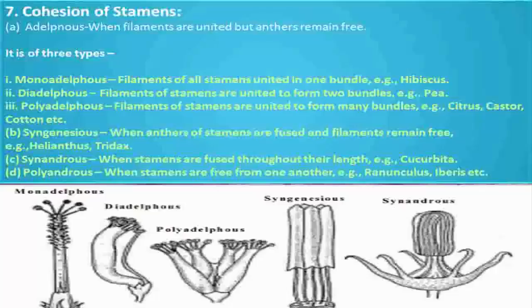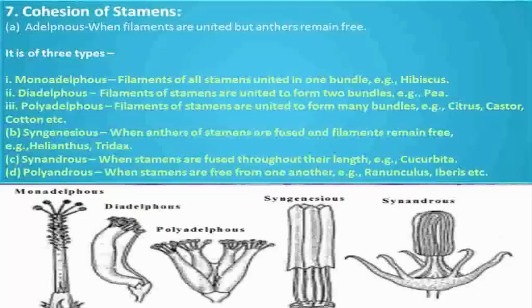Then comes diadelphous. In diadelphous, filaments of the stamens are united to form 2 bundles. As you can see, this is one bundle and this is one bundle. This is seen in pea. Then comes polyadelphous. Filaments of the stamens are united to form many bundles.